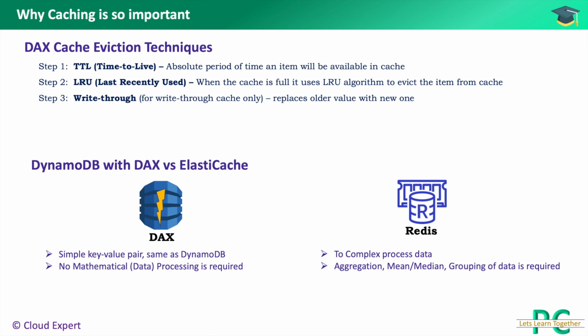But if your data requires complex processing, let's say after retrieving the data from the DynamoDB table, you have to perform some aggregation, maybe mean, median, maybe grouping, in that case DAX is not the best choice. DAX will not support that. For any complex processing, to store those aggregated values, you have to use Redis. Now I hope that clarifies in what use case you should use DAX and in what use case you should use ElastiCache, Redis or Memcached.